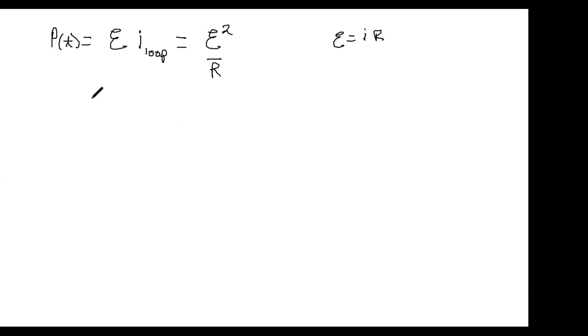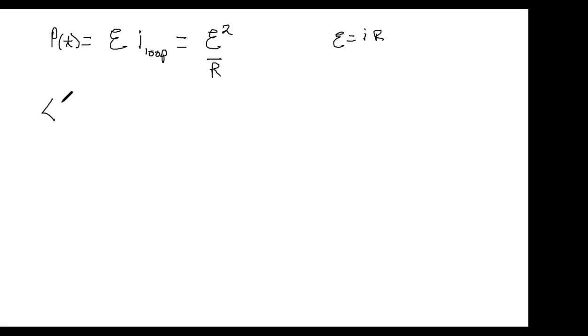Now I want to average the power. This is the power at any one time, so it goes like the EMF squared, like sine squared, oscillating between 0 and 1, up and down. They ask us to find the time average of that.